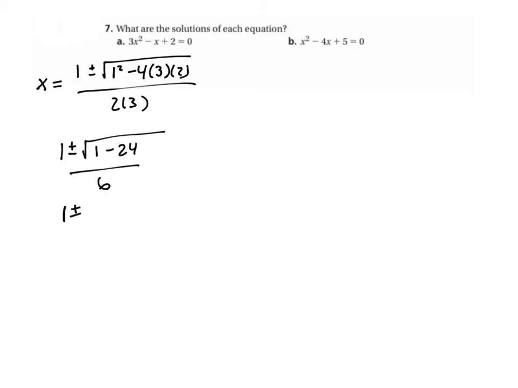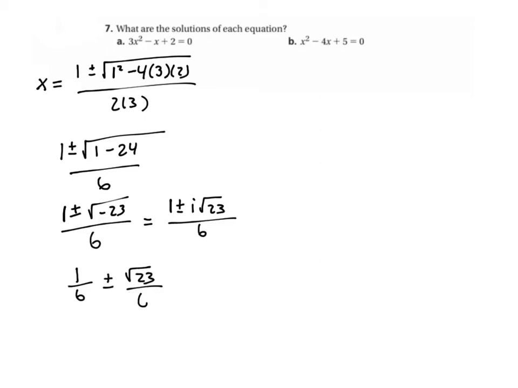So we've got 1 plus or minus the square root of negative 23 over 6. Well, this means we have to pull out the i, so 1 plus or minus i square root of 23. 23 is prime, so it's not going to be reduced, over 6. So our answer here is 1 over 6 plus or minus square root of 23 over 6i.